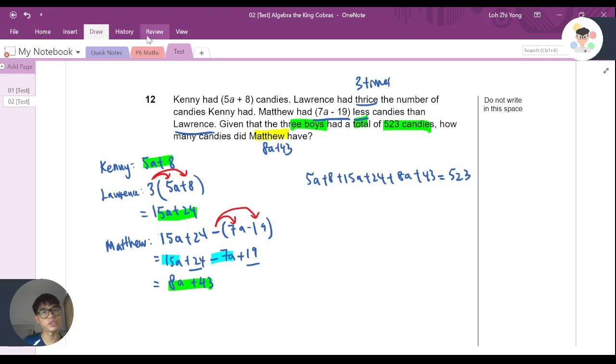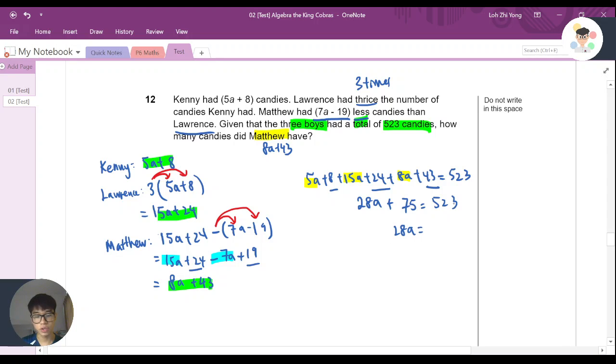We simplify first: 5a plus 15a plus 8a is equivalent to 28a. The rest, 8 plus 24 plus 43, is equal to 75. 28a is equal to 523 minus 75, which is 448, and a is equivalent to 60.